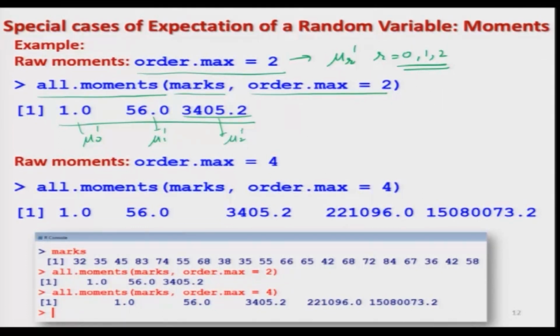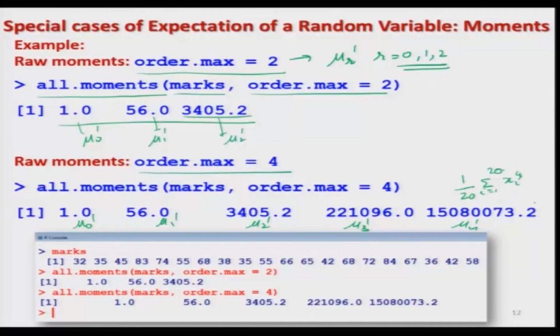Similarly, if you use the option order.max equal to 4, you will get mu 0 prime, mu 1 prime, mu 2 prime, mu 3 prime, and mu 4 prime. For example, this is the value of 1 upon 20, sum over i from 1 to 20, of x i raised to the power 4.